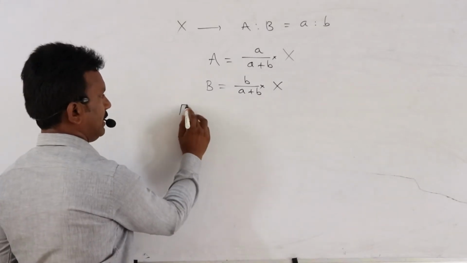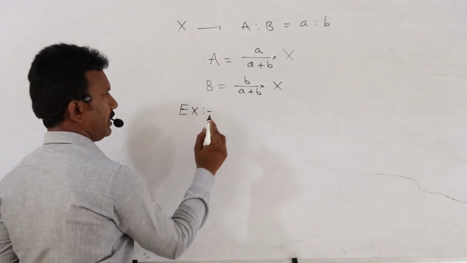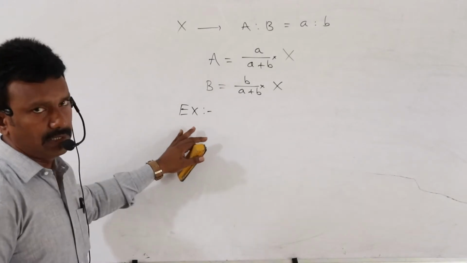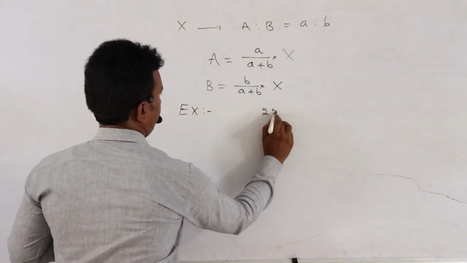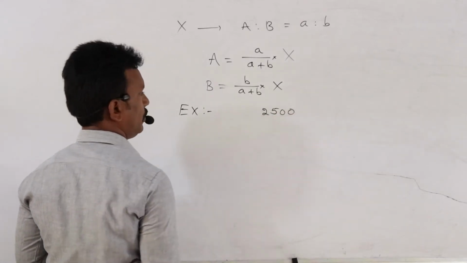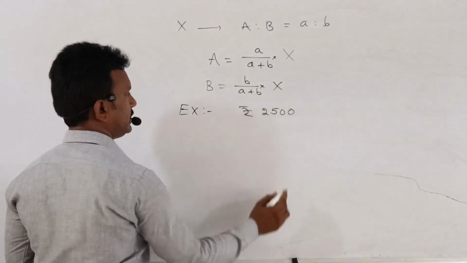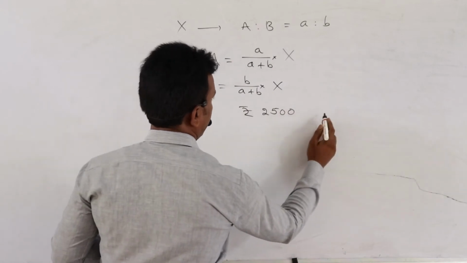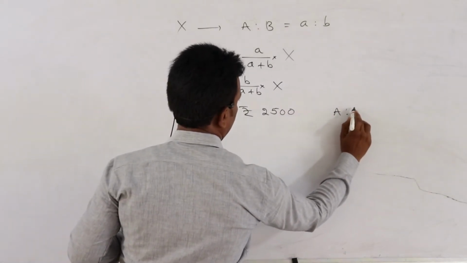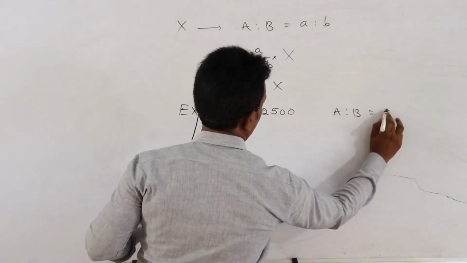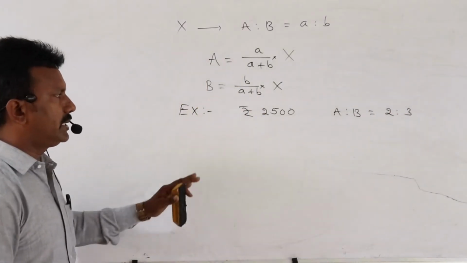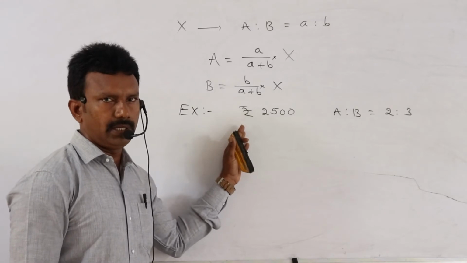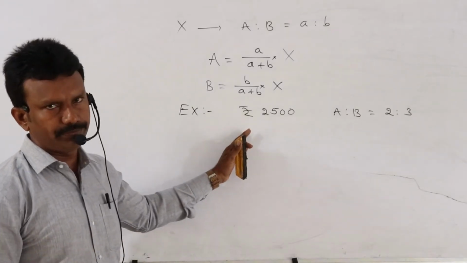Let us write one example for this shortcut. The amount 2500 rupees is divided between two persons A and B in the ratio 2 is to 3. What is the share of A and what is the share of B?